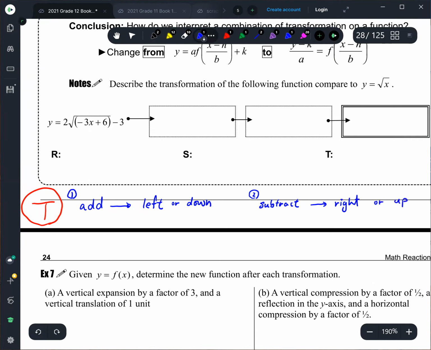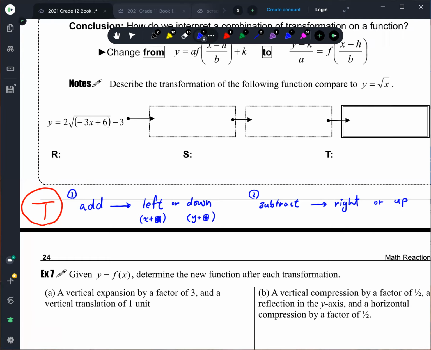Okay, so for example, just in case you forget what it means, for moving left, you will need to see x plus something. Right? If you want to move down, then you need to see y plus something. Okay, same with the subtract.